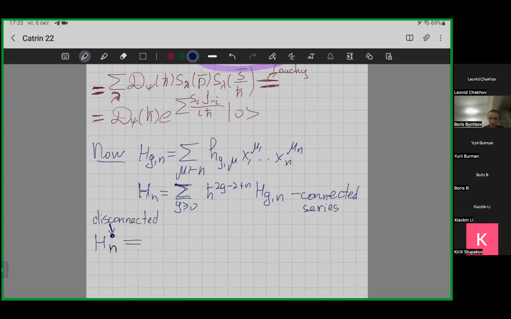Then we should change p variables to x variables. So I can write as follows. It's just a way to write that it's the same series, but written in different variables.